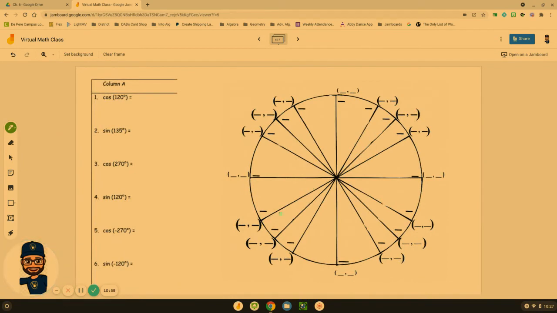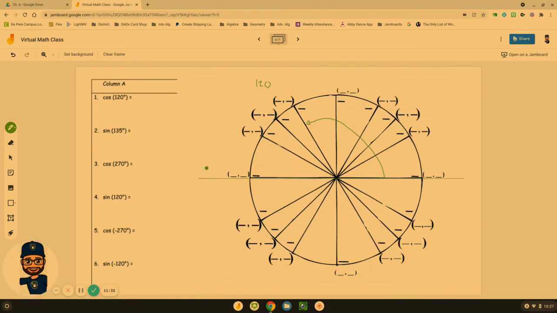Okay? So I've got to think for a moment here, right? Cosine of 120. So I go here to 90, and then I've got to go 30 more to get to 120 degrees. So this one right here is 120 degrees. When we're thinking about which one to use, 30, 60, 45, we always want to base it off of the x-axis. How far away from the x-axis are we?